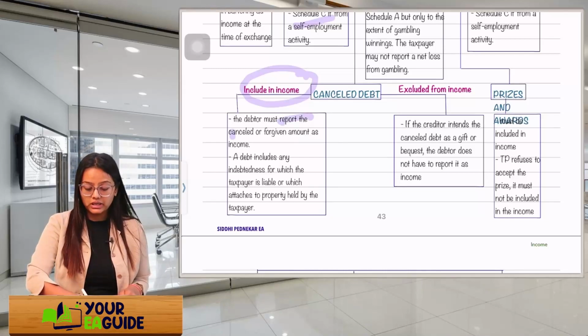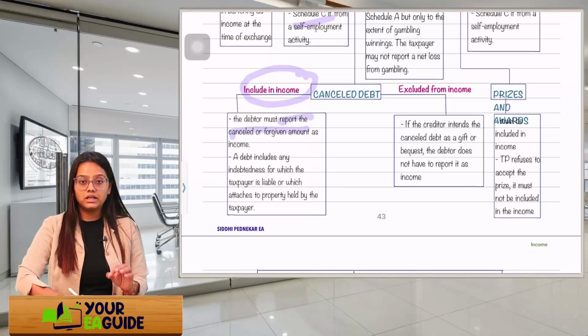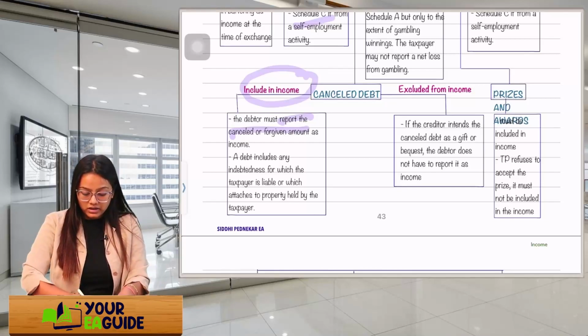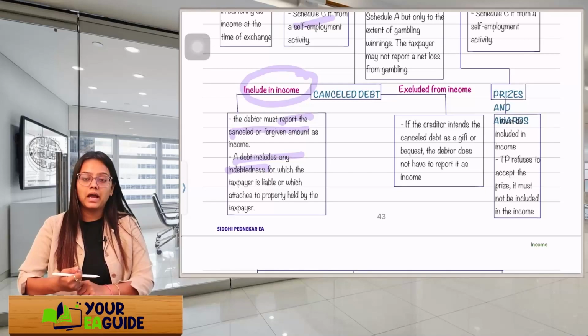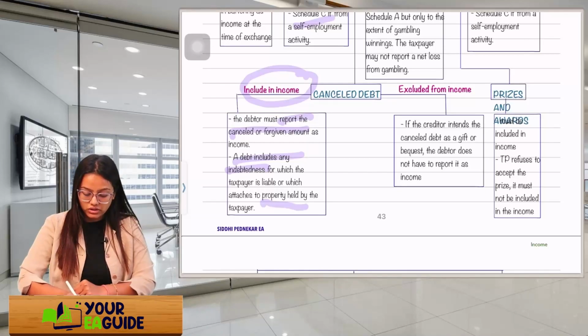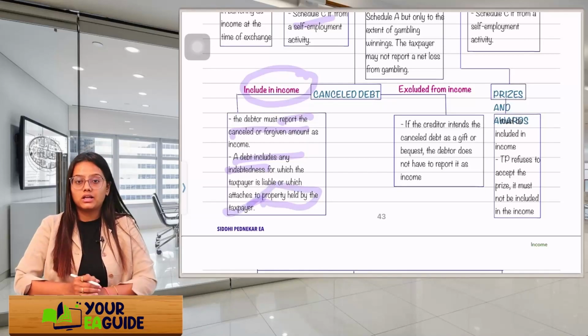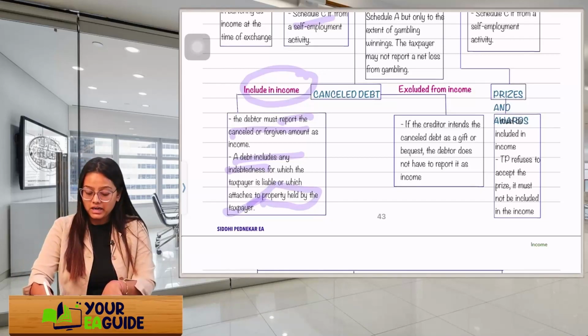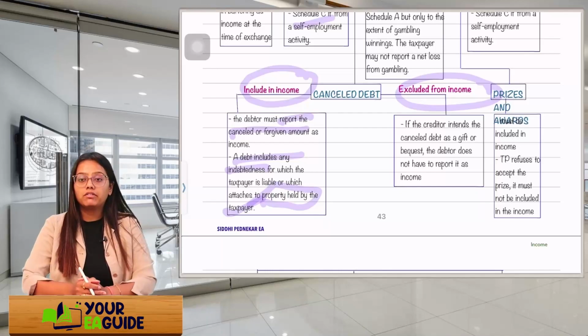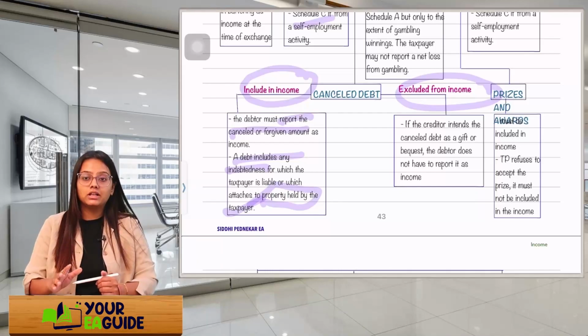The debtor must report the canceled or forgiven amount as income, and the debt includes any indebtedness for which the taxpayer is liable or which attaches to property held by the taxpayer. Okay, so it will be straight away included in your income. Please remember that it will be excluded only if the creditor intends to cancel the debt.